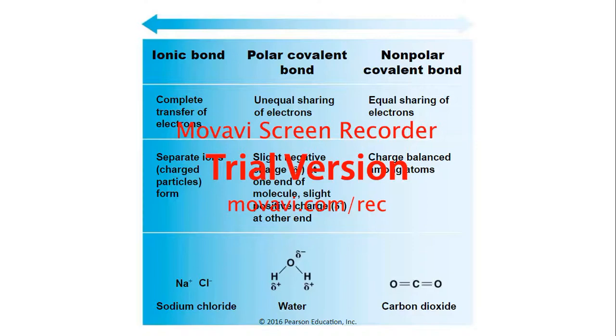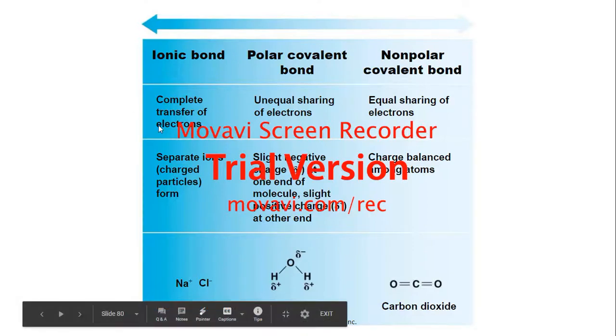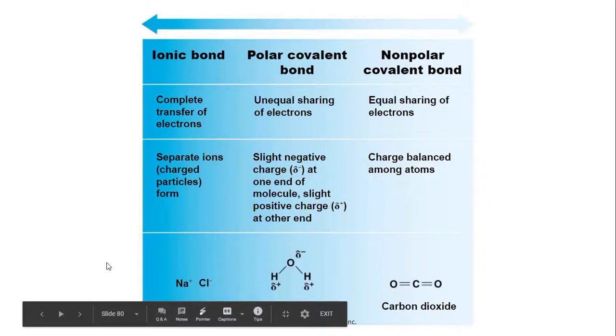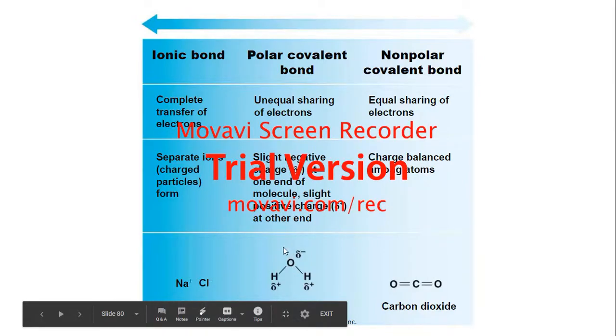So here's a summary. Ionic bond: complete transfer of electrons, sodium and chlorine. The positive and the negative charge is what forms the ionic bond. It's opposites attract between sodium and chlorine. A polar covalent bond: remember, one atom is more electronegative than the other, so it's pulling the electrons closer to itself.